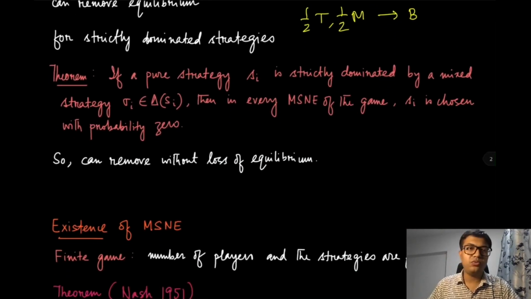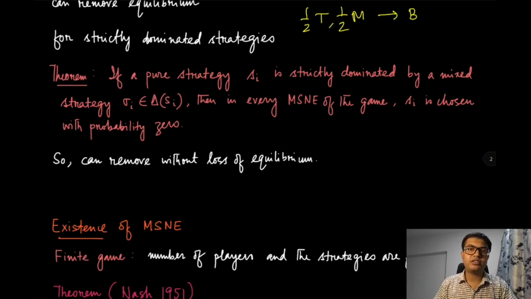So what we can say formally is that if a pure strategy s_i is strictly dominated by a mixed strategy, let's say sigma_i, then in every mixed strategy Nash equilibrium of that game, s_i is chosen with probability 0. You can take a look at the standard textbooks to find this proof. However, the intuition of the proof is very similar. Because we are now in the mixed strategy world, we can think about domination by a mixed strategy.